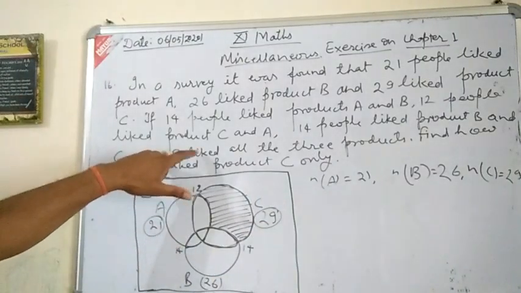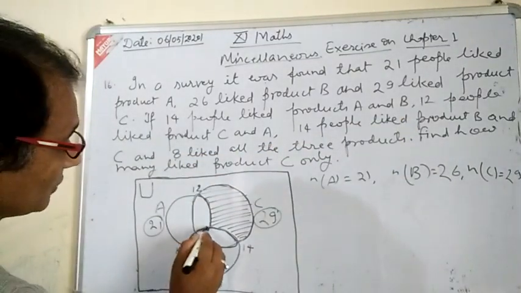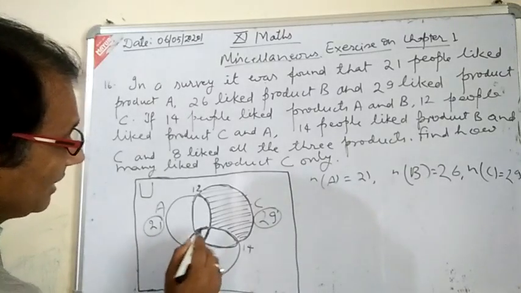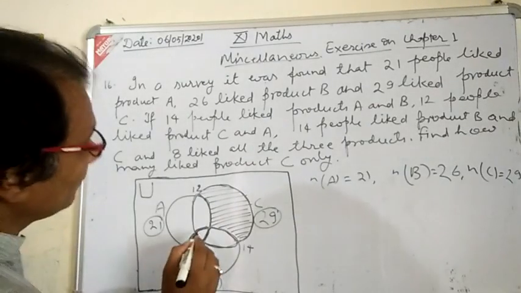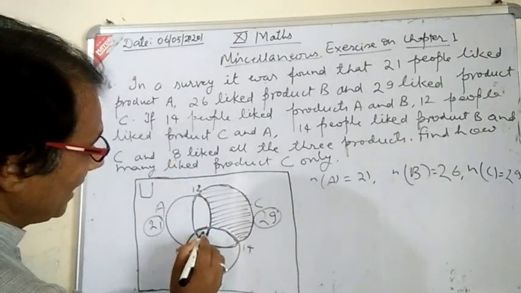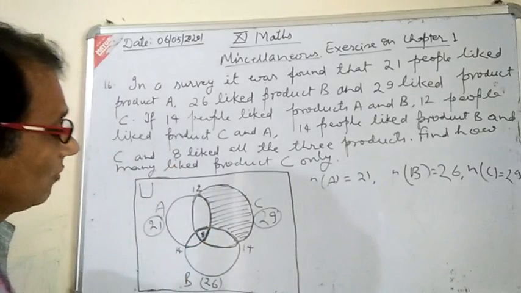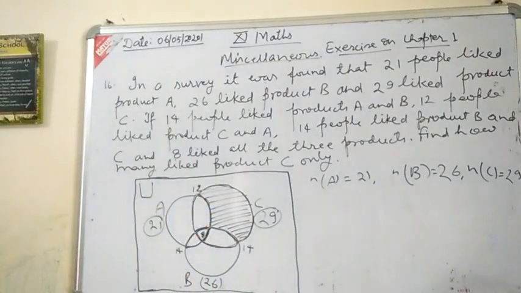And 8 liked all the 3 products, meaning this portion is common amongst A, B and C, all the 3 sets. So this portion will show the number 8, because 8 is the number of people who like all these 3 products.